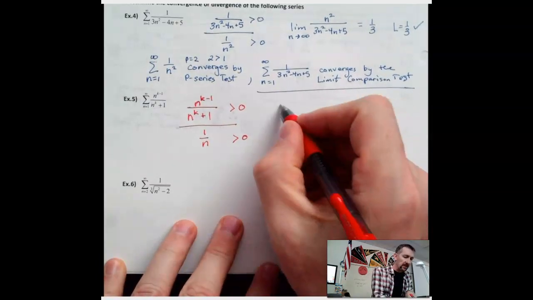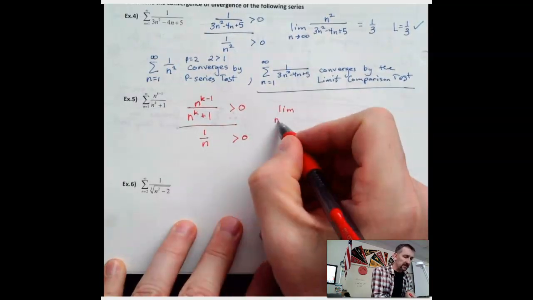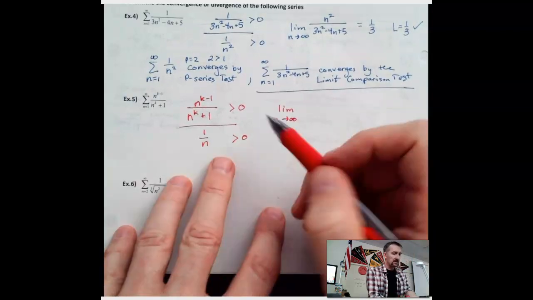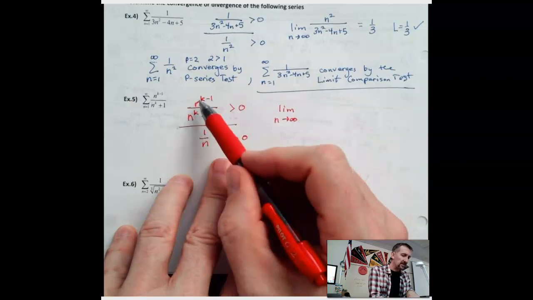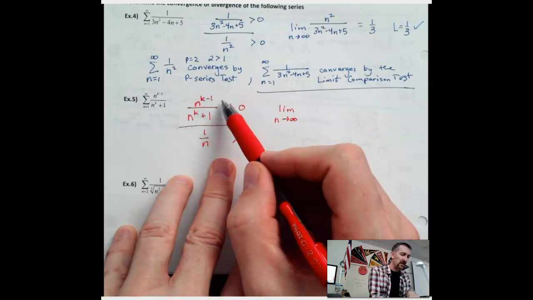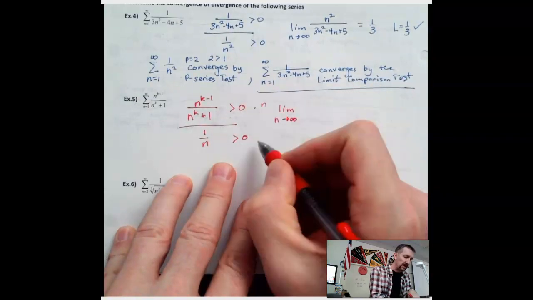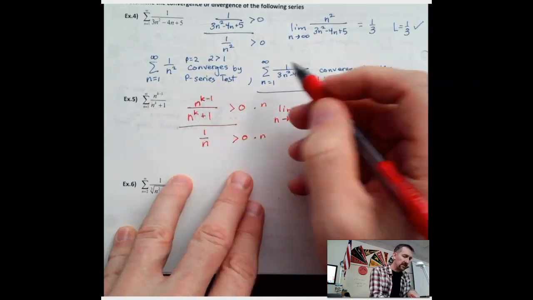Now we want to look at the limit. This might get a little bit tricky. If we multiply both of those by n, when I multiply two things with the same base, I add the exponents. So that's multiplying by n to the first, and the numerator is over there.